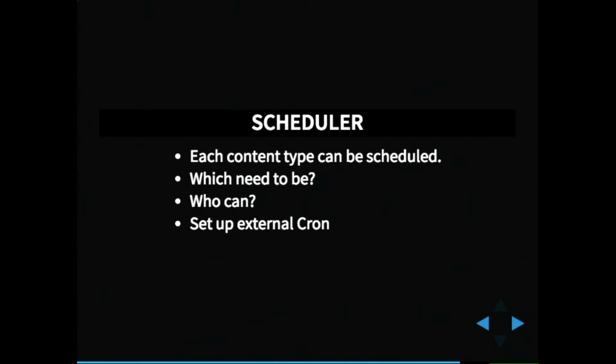The only problem is that we cache Drupal. We make Drupal go to sleep and only change if pages change. So you have to set up an external cron, and cron's a server thing that comes in and says, hey Drupal, do you have to do anything? And Drupal says, oh yes, I have to publish this blog post, and then it publishes the blog post.